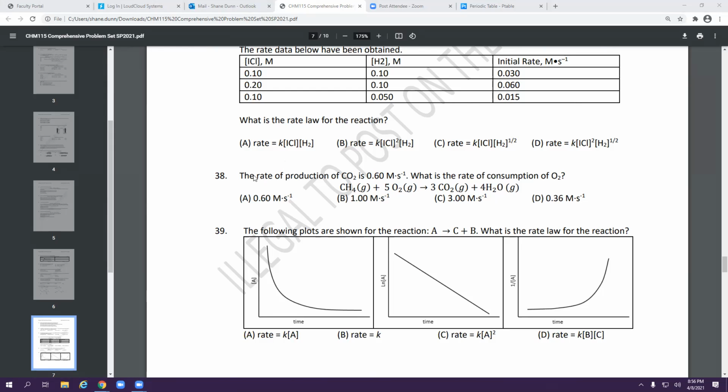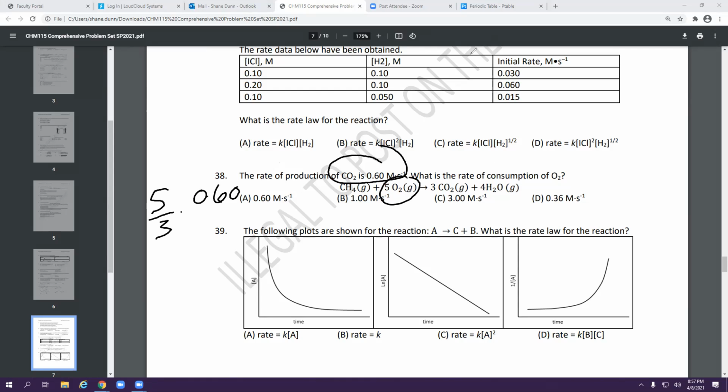Okay. So what is the rate of consumption? What's that mean? How fast it eats it, right? How fast the reactants get used up? What's rate of production? How fast it makes it, right? So if I am making CO2, when compared to O2, what I can do is I go this over this times 0.60.